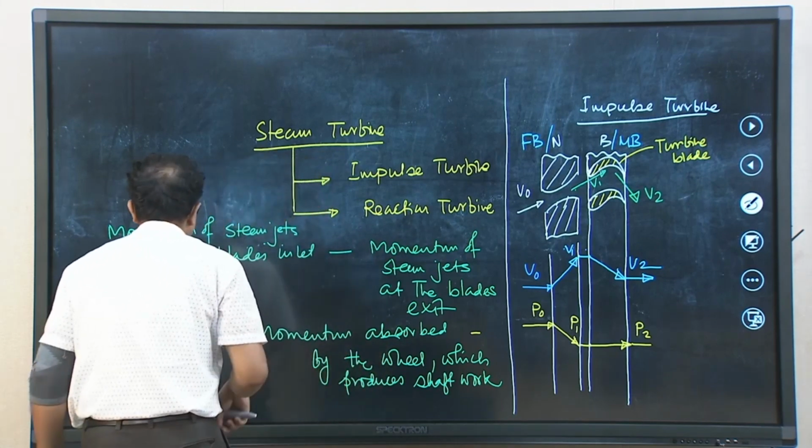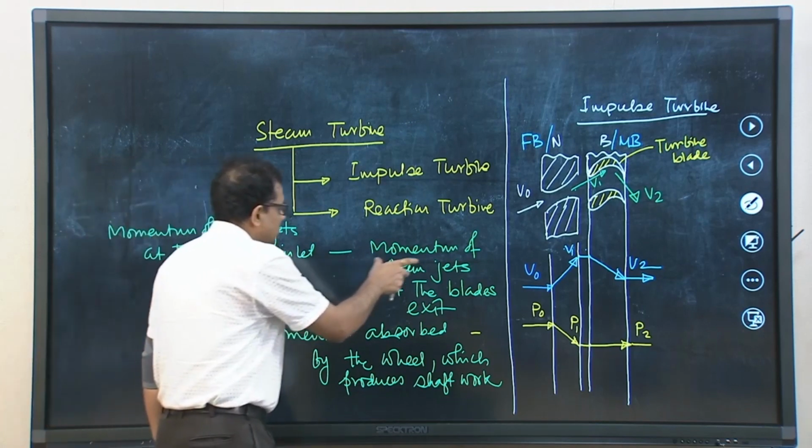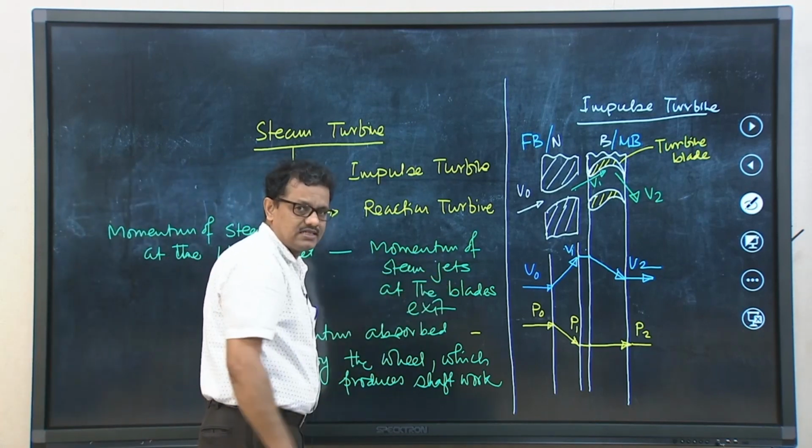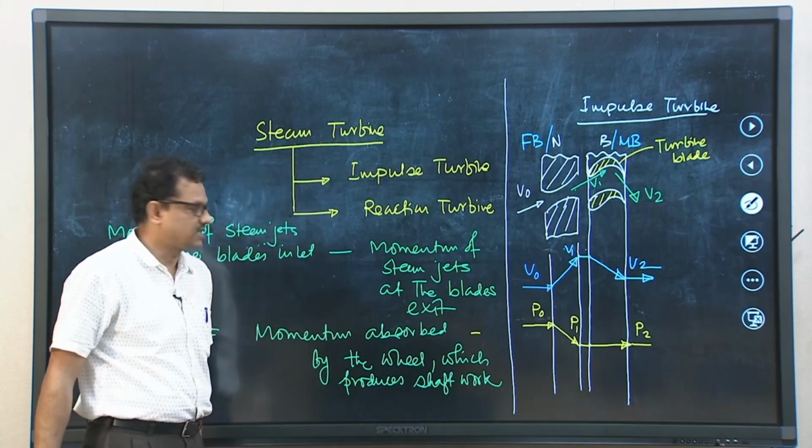So, the momentum of steam jets at the blade inlet and the momentum of steam jets at the blades exit, these two momentum are resolved in the direction of wheel rotation.